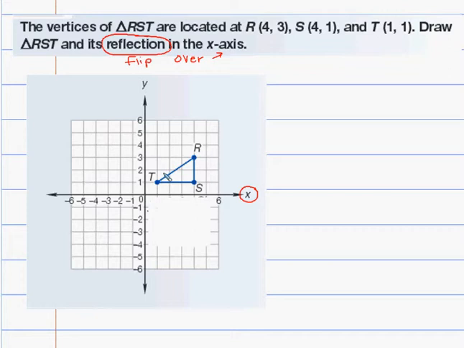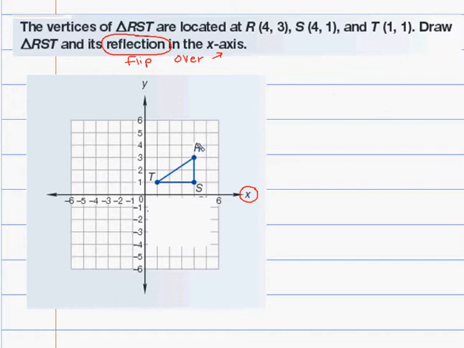When you graph these, if you fold your paper on the line of reflection, then that will help you see where those points should lay out. When you fold the paper together, they should line up identically.